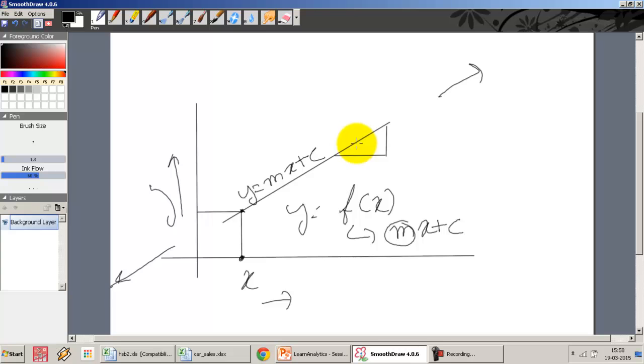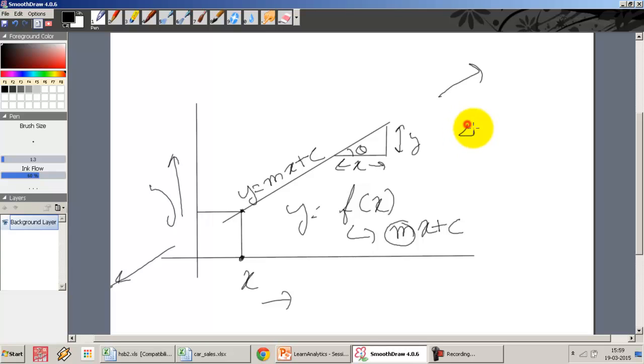So the slope is the tan of this angle theta, and how this works is that for a unit change in x, so this is the unit change in x in this triangle, what is the change in y, where y is the perpendicular here? If I change the value of x by this amount, y changes by this amount.